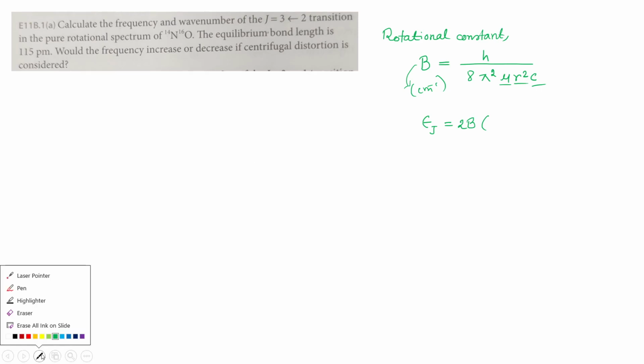What about the individual energies of a rotational level? In centimeter inverse, it is B into, 2B, sorry, B into J into J plus 1.